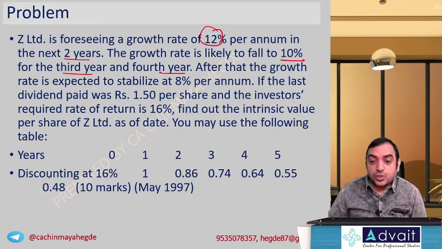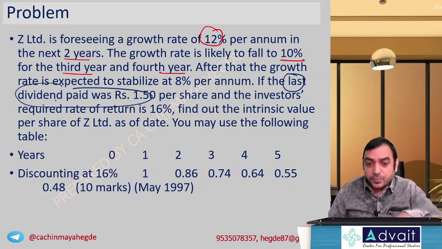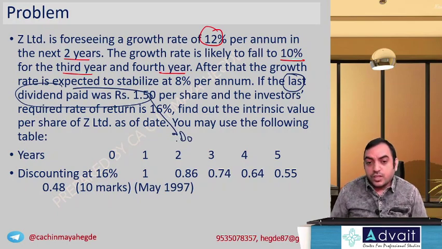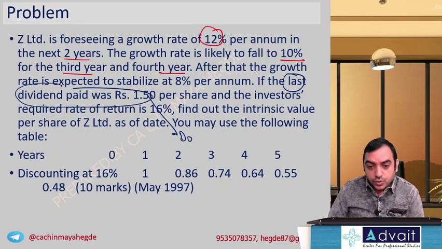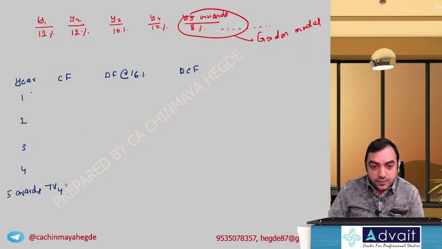Now, they just told us the dividend last paid. Last dividend means just paid. So this is D0. Growth rate for the first year is 12%. So 1.5 into 1 plus 0.12 will come to 1.68.